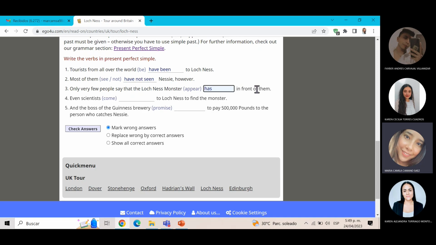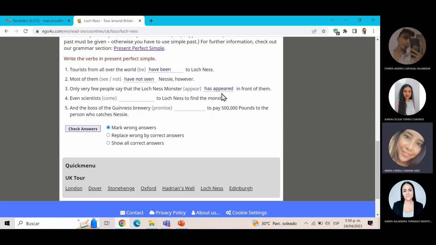Yeah, they are talking about the monster, about Nessie. And what is the past participle form of appear? Appeared. Yeah, because it is a regular verb. Yes. Okay, so the sentence is: only very few people say that the Loch Ness monster has appeared in front of them.